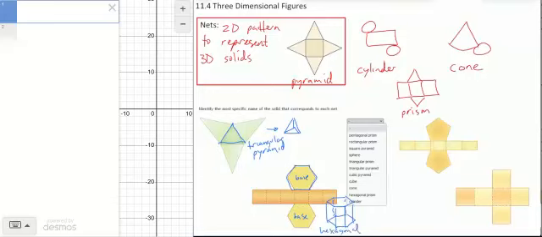Hexagonal, and it's all rectangular faces, prism. Here we have 1, 2, 3, 4, 5, so we have a pentagon. And it's two parallel and congruent bases connected by straight lines, so that gives you a pentagonal prism.